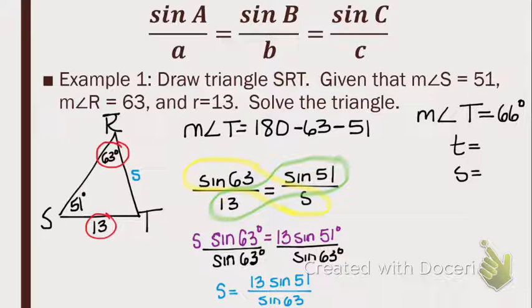So take 13 sine 51, and we'll do everything to the thousandths place because that's what it says on your test. So just 3 digits after the decimal. Make sure it's in degree mode. If not, you'll get something wonky. But if you type it in correctly, you should get 11.339.